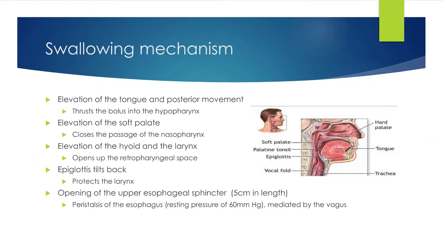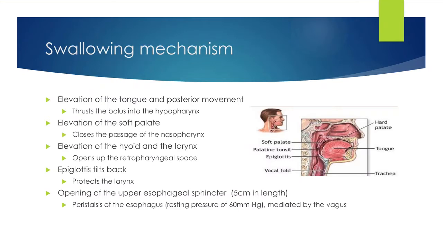The tongue will get elevated and move posteriorly, and both of these movements, elevation and posterior movement, will thrust the bolus into what we call the hypopharynx. This will be immediately associated with elevation of the soft palate, and the function of the soft palate in this movement is to protect the airways and prevent the food from refluxing back into the nasal passages.